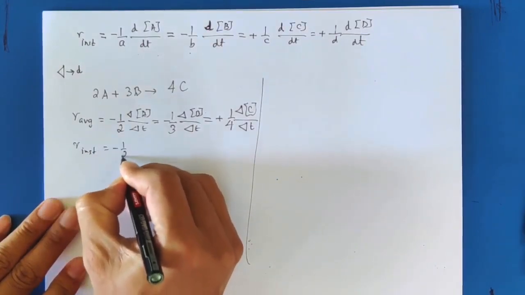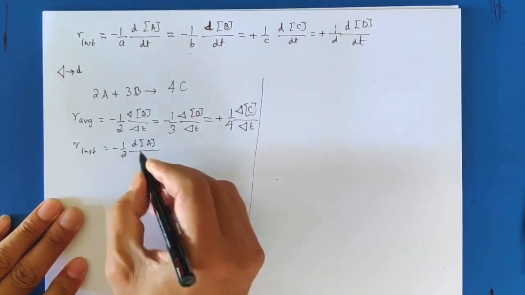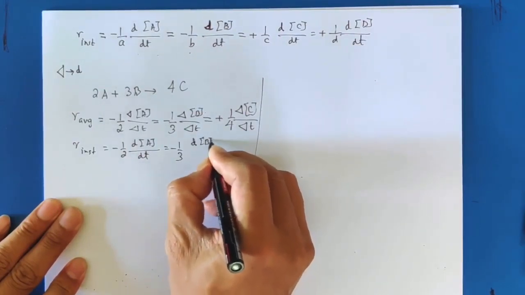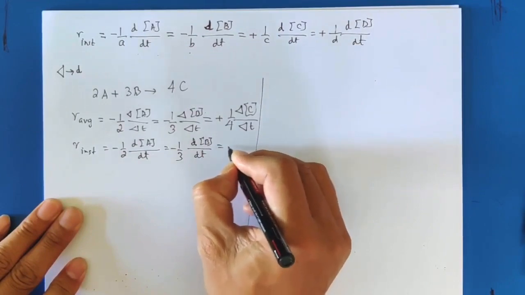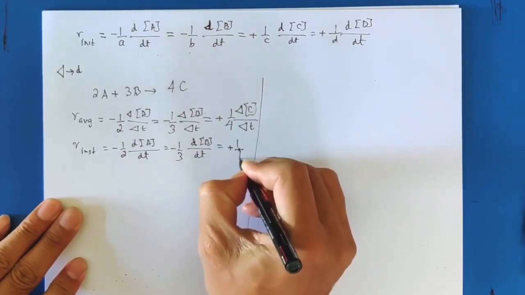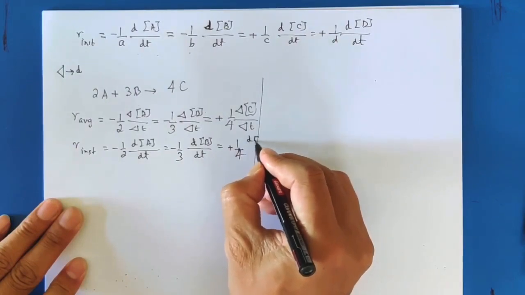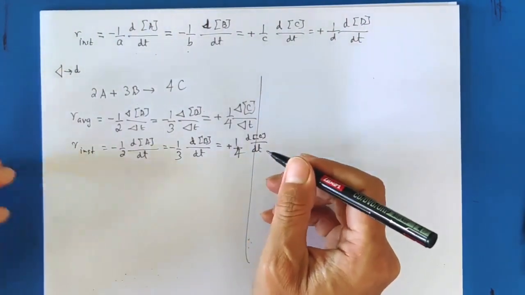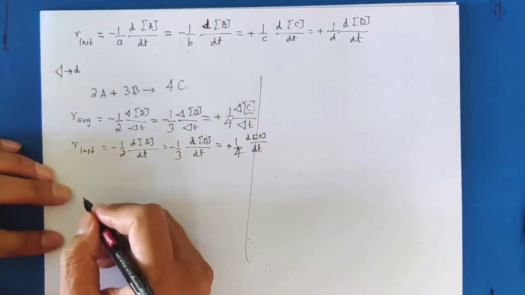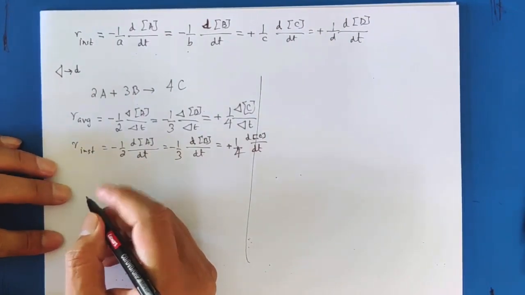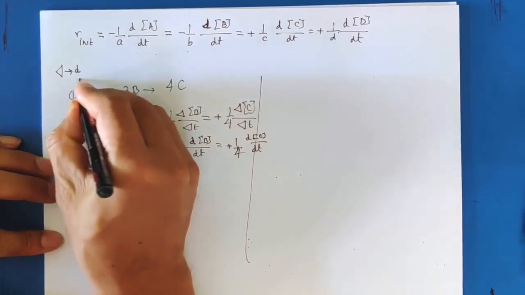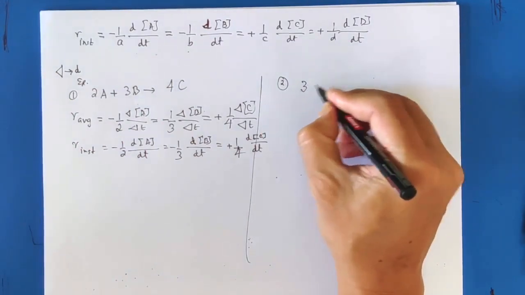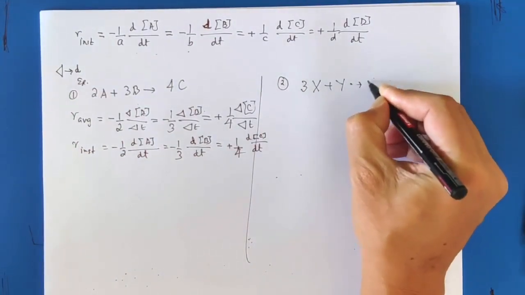Instantaneous rate of reactions: minus 1 by 2 small d A by dt, equal to minus 1 by 3 d B by dt, equal to plus 1 by 4 d concentration C by dt. Next, example 2: 3X plus 1Y is giving 2Z.